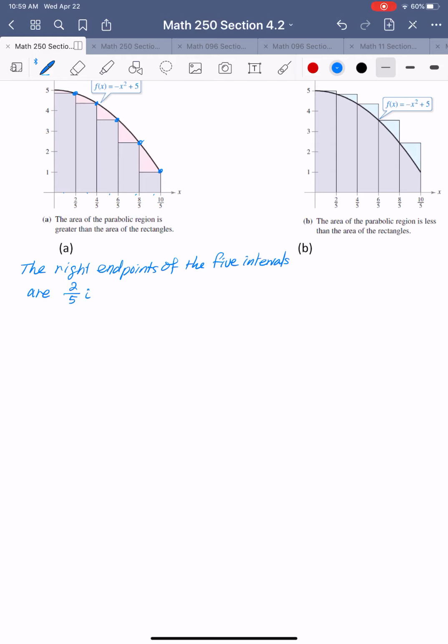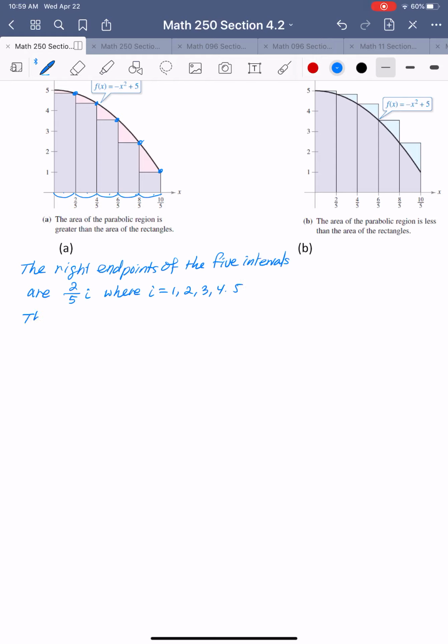2/5 times i. So each interval is 2/5 wide, increasing by i, with i equal to 1, 2/5, 2, 4/5, 3, 6/5, and so on, where i equals 1, 2, 3, 4, 5.